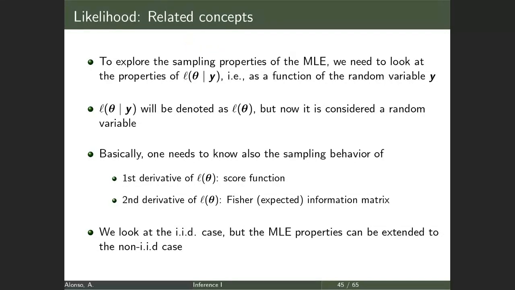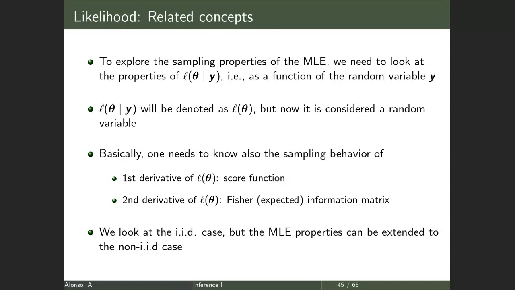Now, if we want to calculate the maximum likelihood estimator, we need to maximize the log likelihood, this function. But this log likelihood is itself a random function. It's a random variable because it depends on the data. So you have a data set and you can draw your log likelihood. If you repeat your experiment and you get another data set, you will get a different curve.